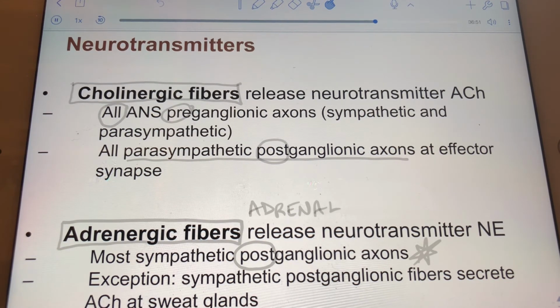If it's secreting norepinephrine, then it's a postganglionic neuron, or if it's secreting acetylcholine, it's either a preganglionic or a postganglionic neuron.